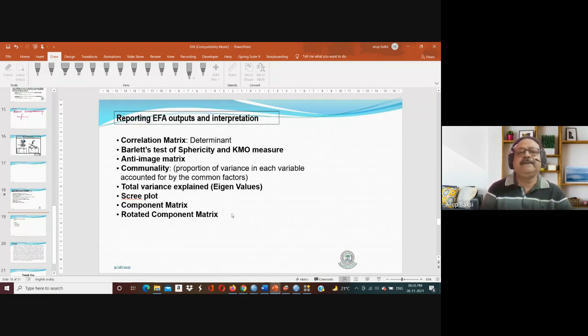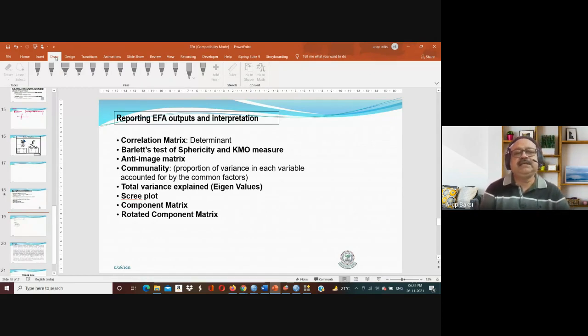The communality, the eigenvalues, the total variance explained, the scree plot, the component matrix, the rotated component matrix, each and every one of these outputs you can include in your PhD thesis, but definitely not in a journal paper. As I have told you, in the journal paper, the most represented output is the rotated component matrix, the KMO measure, and the Bartlett's test of sphericity.